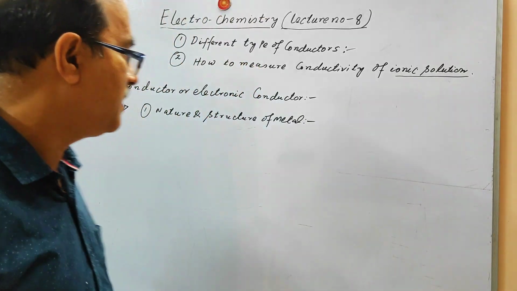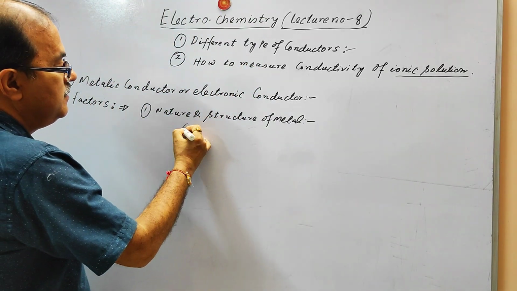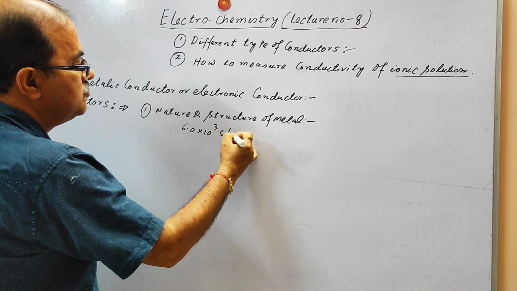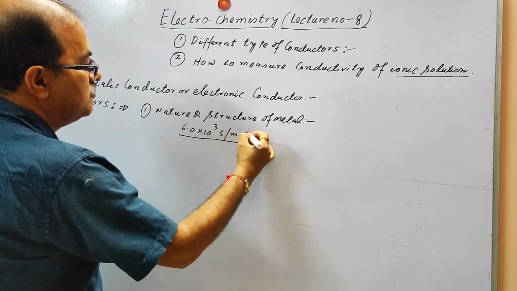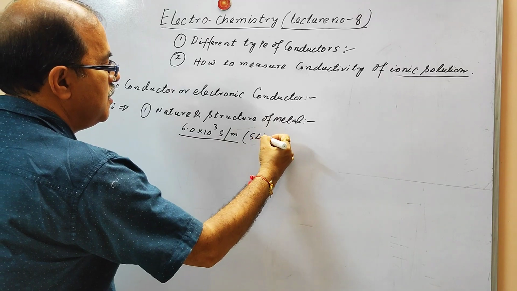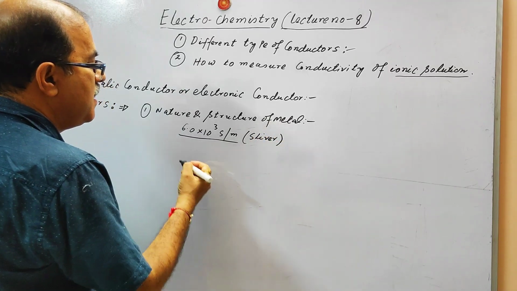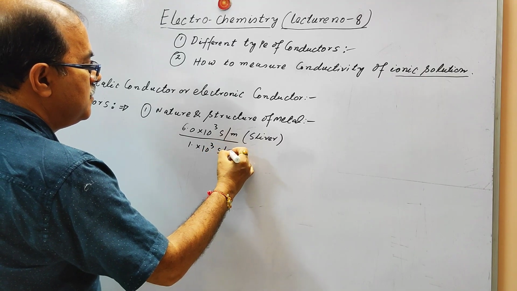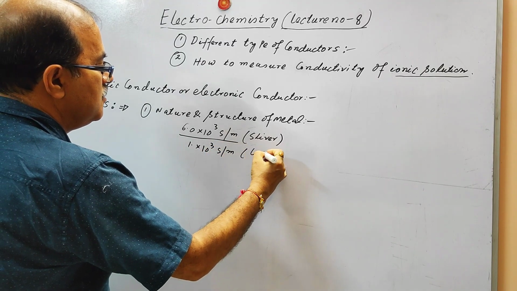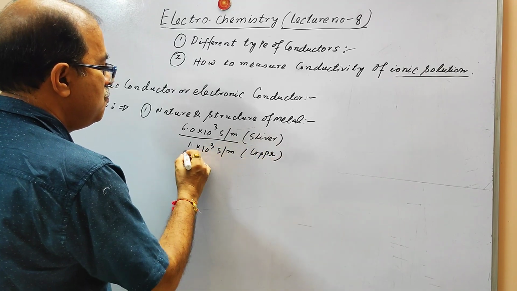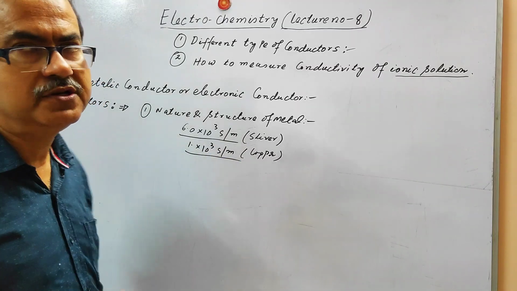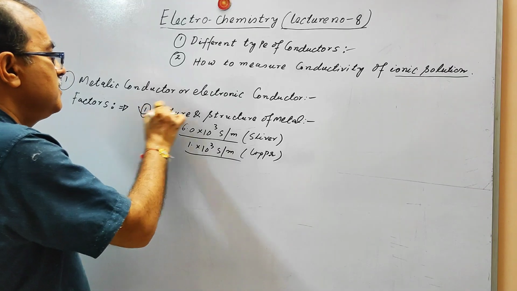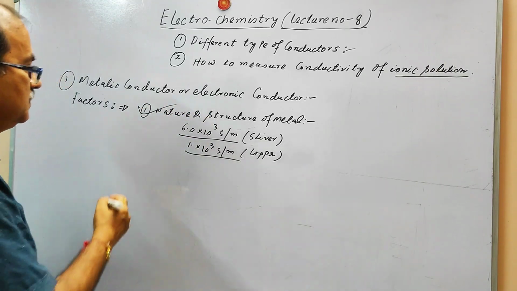Silver has a conductivity of around 6 into 10 to the power 3 Siemens per meter, whereas copper will have 1 into 10 to the power 3 Siemens per meter. So why is it so? Why is there a difference in the conductivity between the metals? That is due to the nature and structure of the metals.